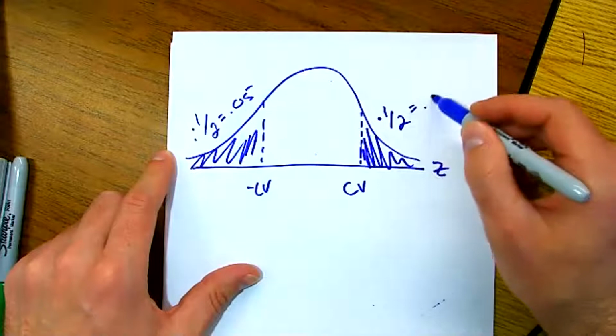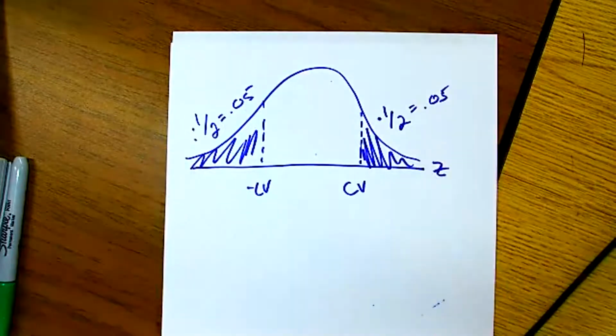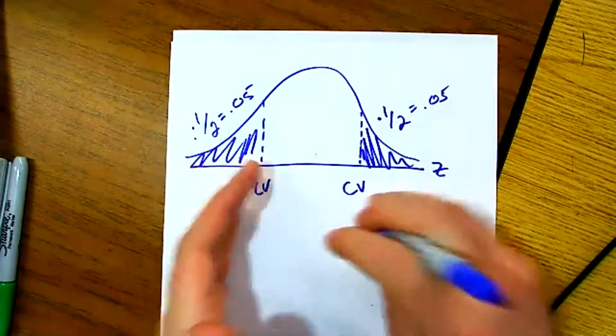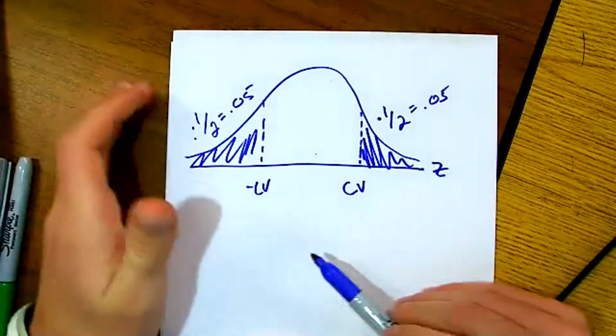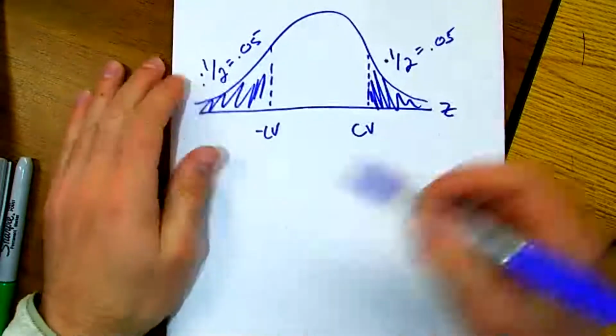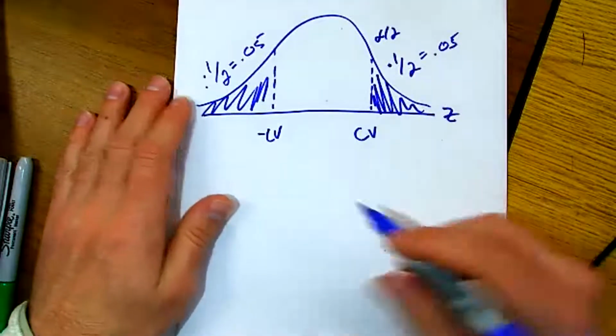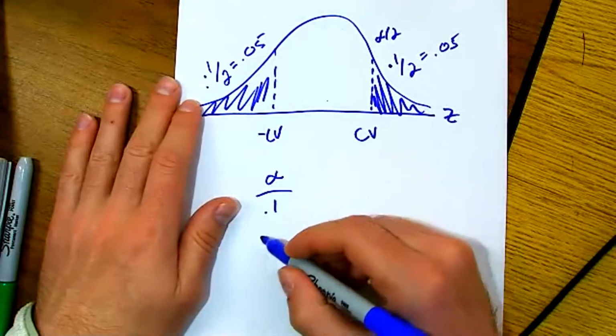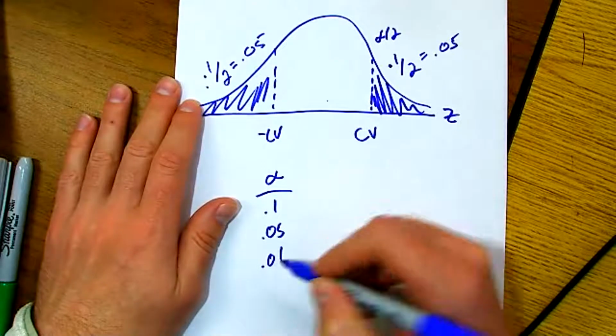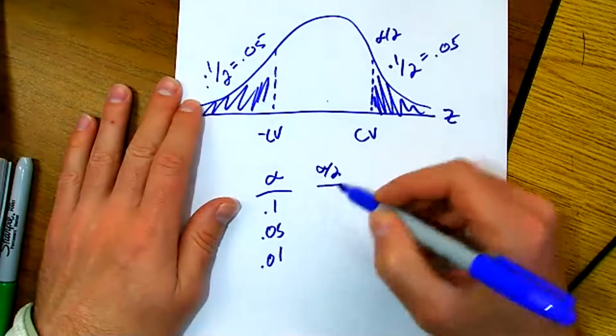Then the next one would be the critical value that gives me alpha of 0.05 total in the tails. So what I'm going to end up looking up are the alpha over 2 values for a two-tailed test.